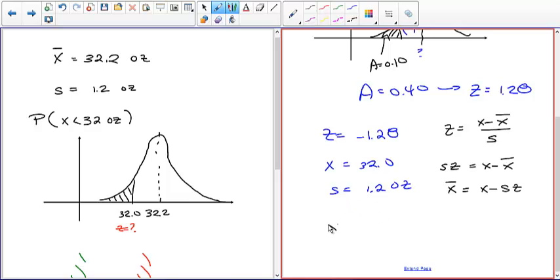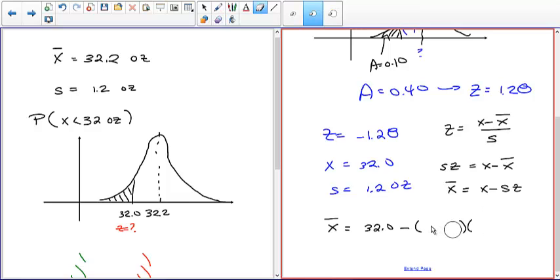Now all I have to do is plug in the numbers. The value is 32, that's the cutoff for my below 10%. My z-score is negative 1.28, but I subtract it, so I'll end up adding it. The standard deviation is 1.2 ounces.